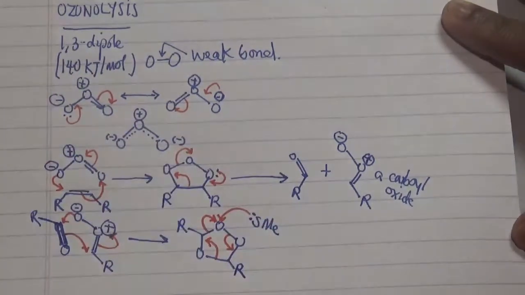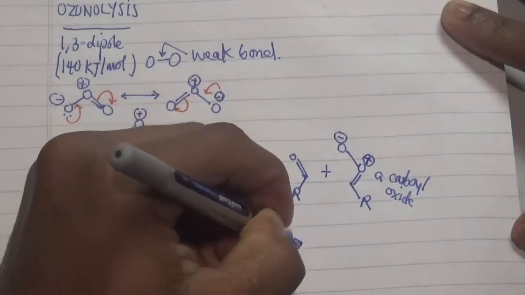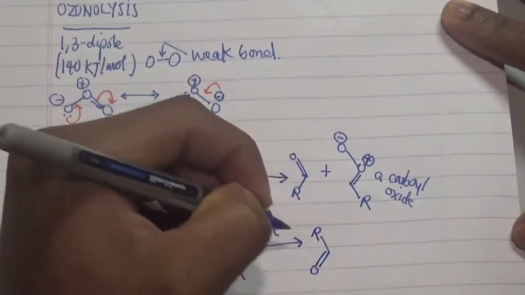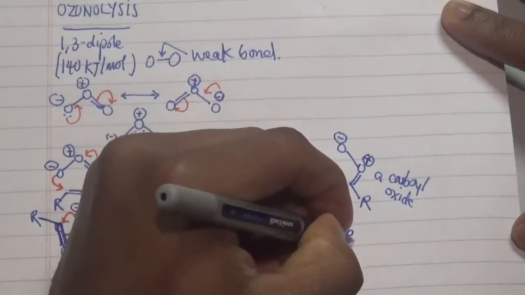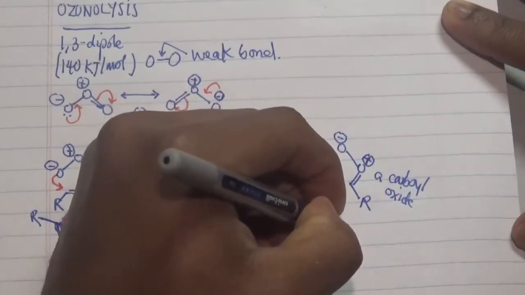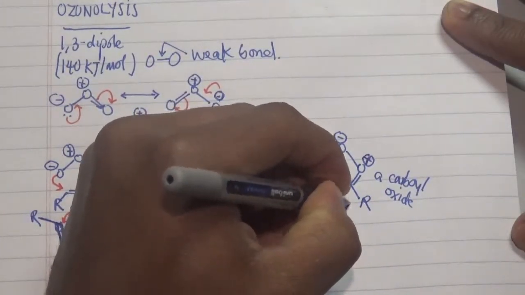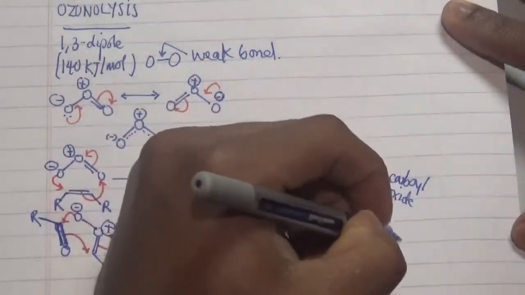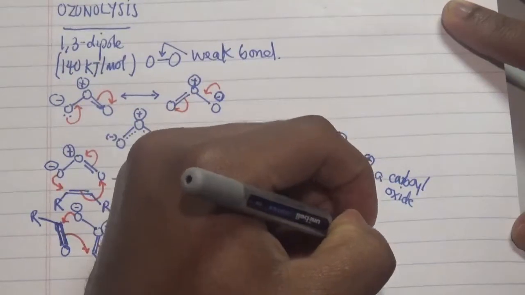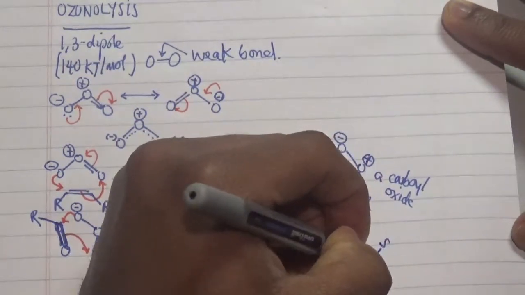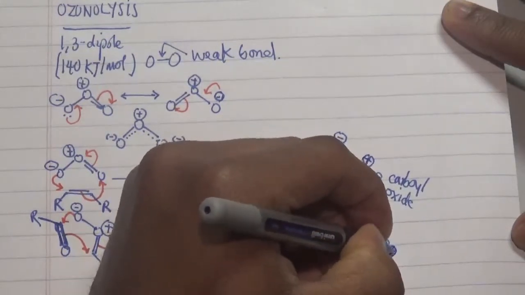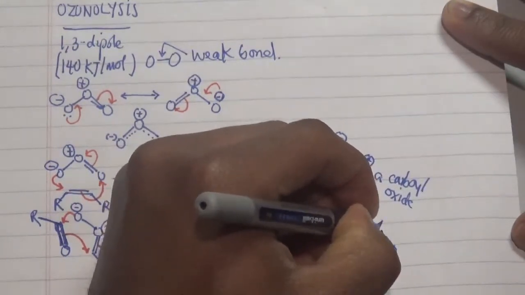Now what we get as a result is the formation of two aldehydes and we have the formation of DMSO, which is really an interesting solvent that is used in organic chemistry.